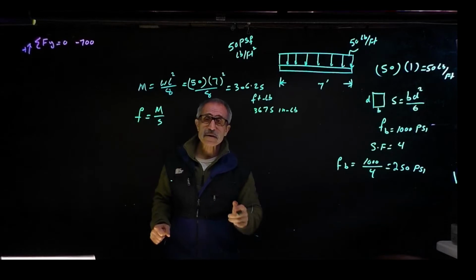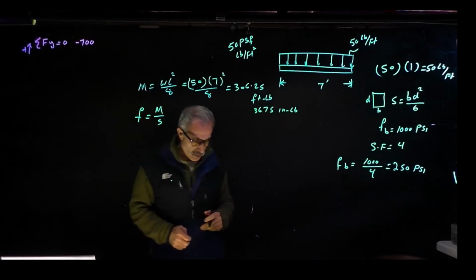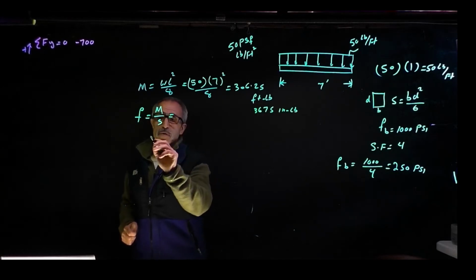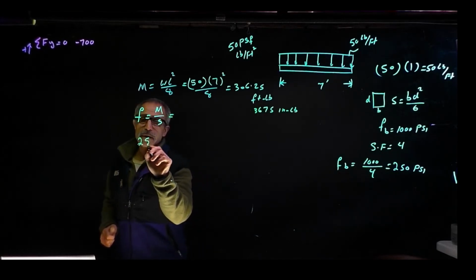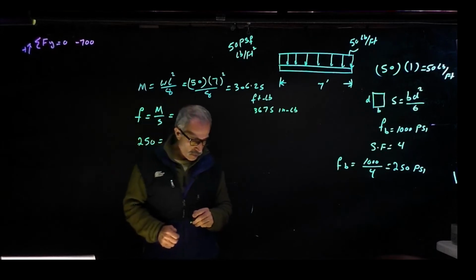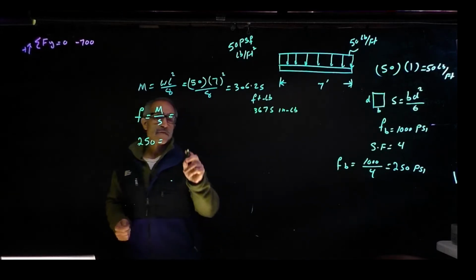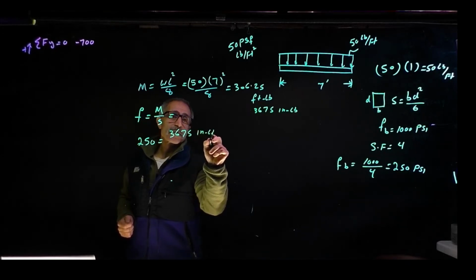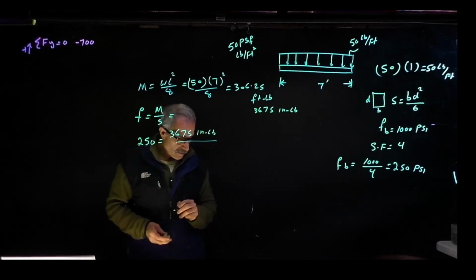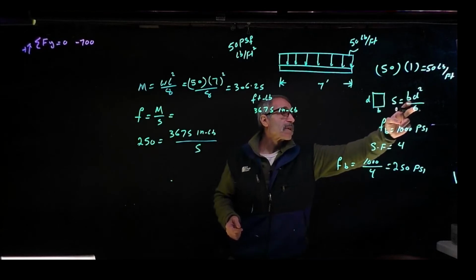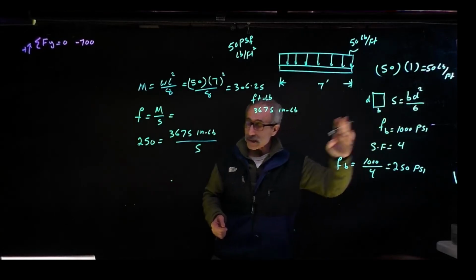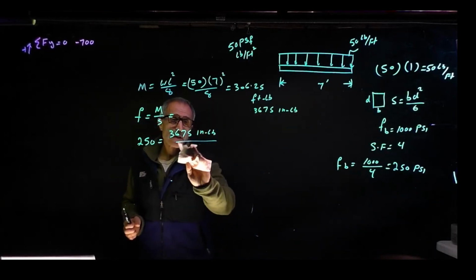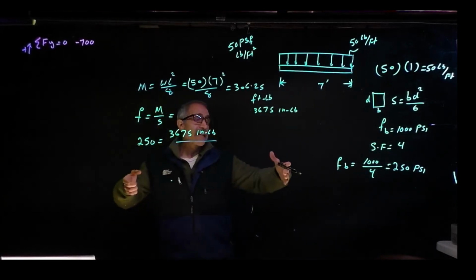So I'm going to come in here. It says, okay, f is equal M divided by S. We knew that. Which is equal, that is 250 equal, and M came out to become 3675 inch-pounds, divided by S. S is bd squared divided by 6 in a rectangular shape. So instead of S, I'm going to go ahead and write, we know the plank is 1 foot wide.